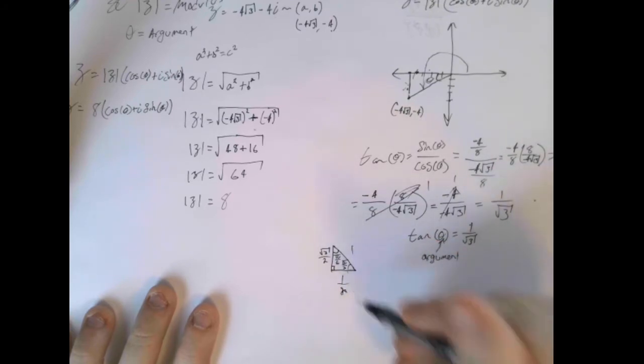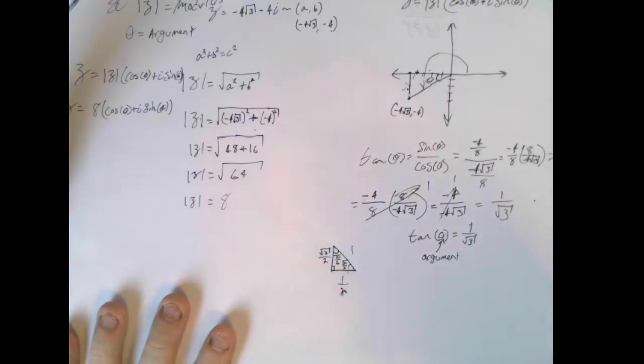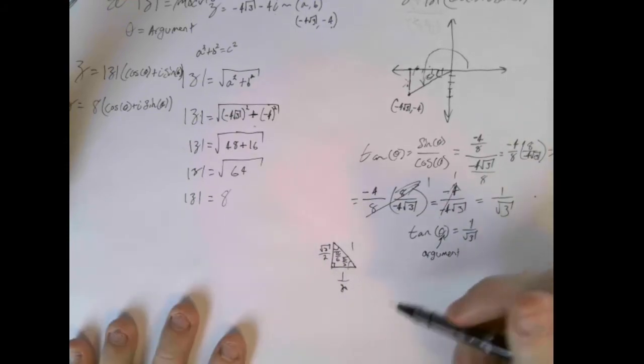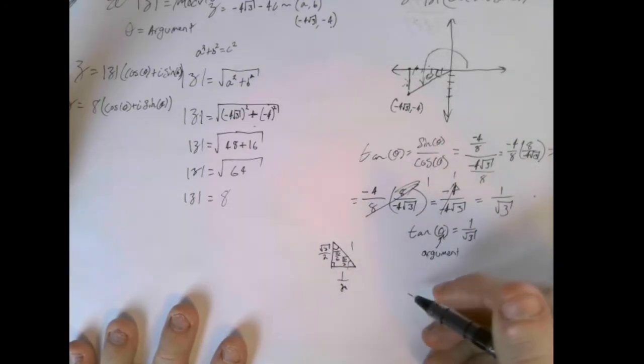Here we have 1, right? So we want to figure out what combination of tangent, sine over cosine, will give us 1 over square root of 3. And then that will be our argument, right? So let's say potentially it could be tangent of pi over 3 or 60 degrees.